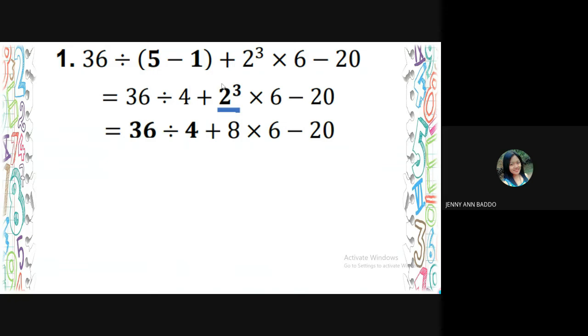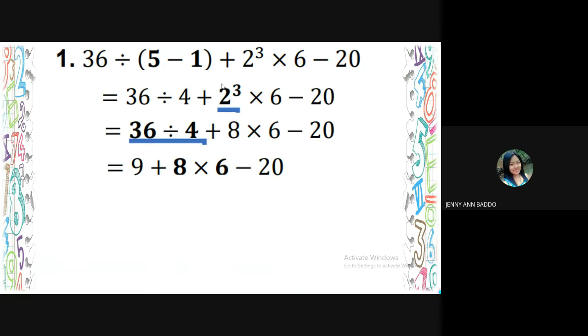And then, since we already simplified the parentheses and the exponent, we are now ready to work on the operations division and multiplication. So from the left, we have 36 divided by 4 first, and that's 9. Then bring down 8 times 6 minus 20.